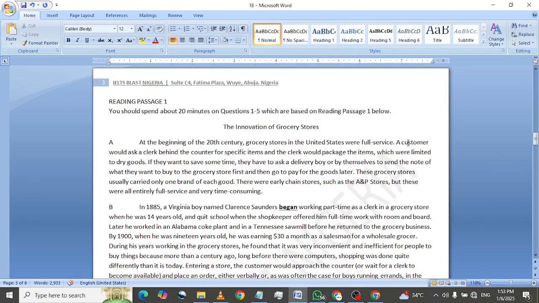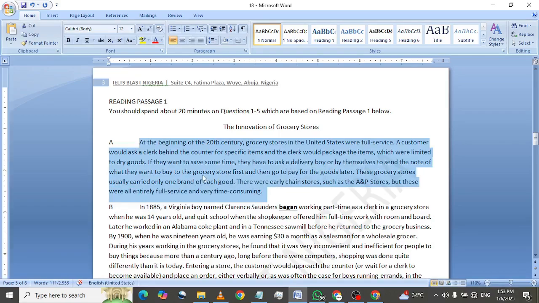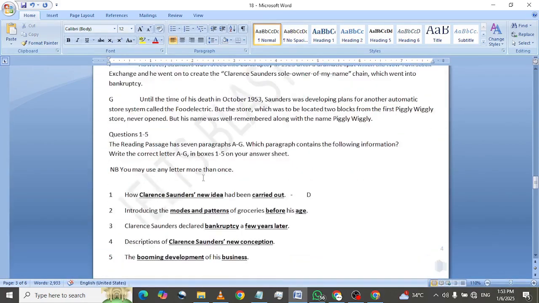A customer, now they are introducing how they were operating before. So that means that our statement is inside this paragraph A. So here, A becomes the answer.